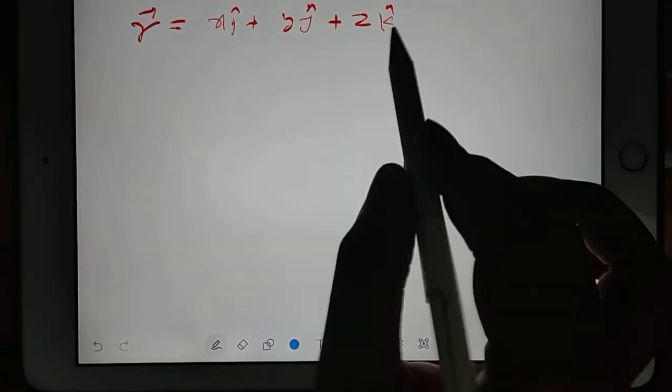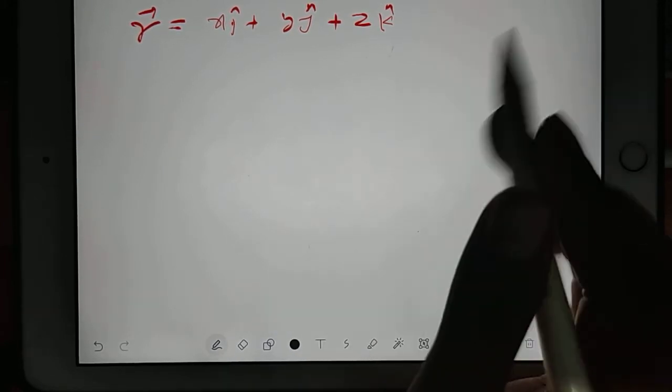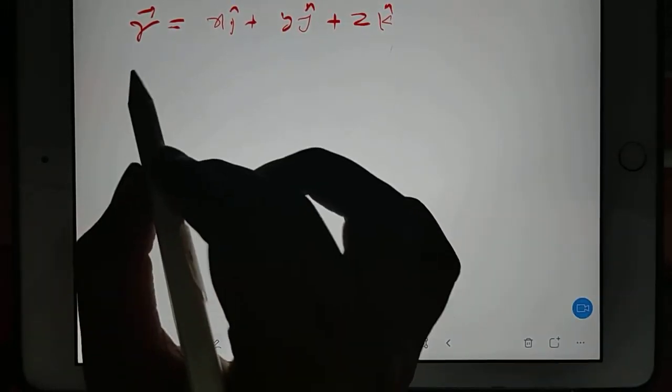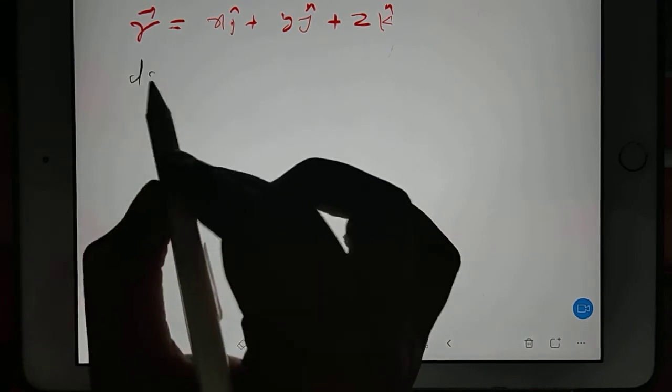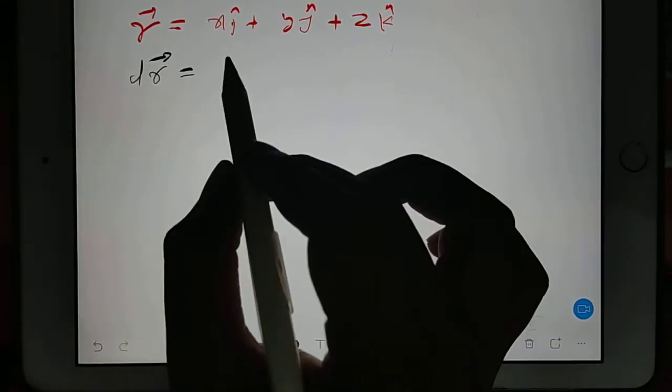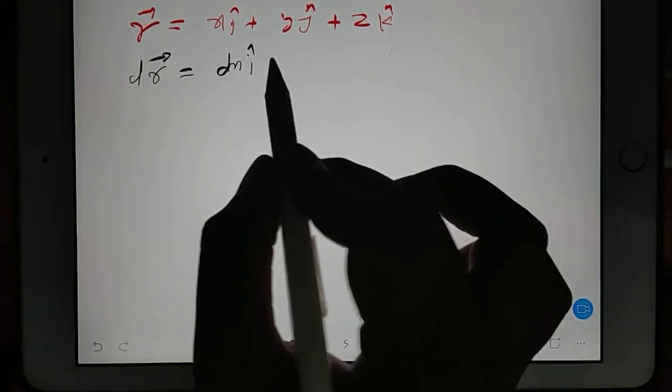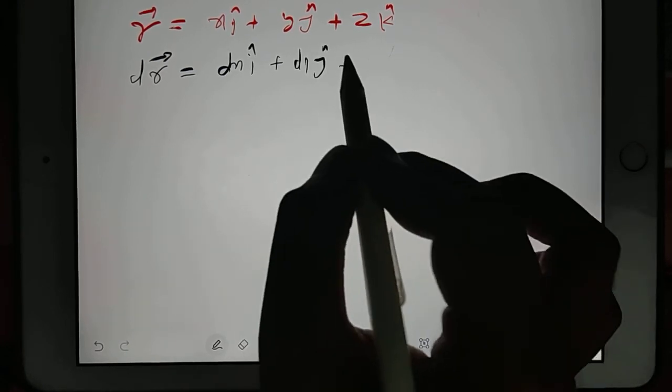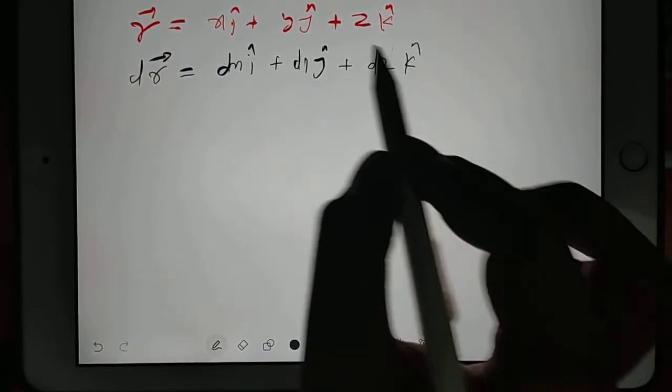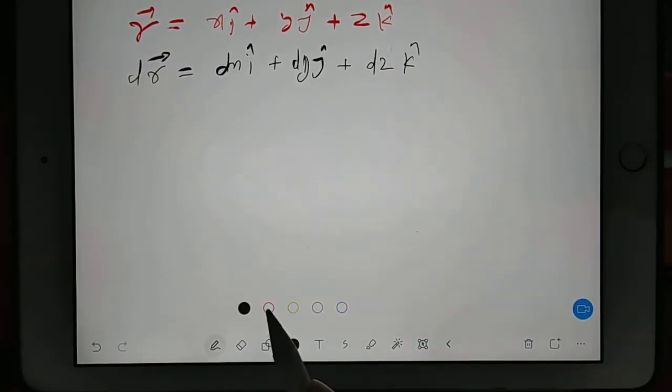This I have given many times, right? And whenever dr comes, this will come as dx i plus dy j plus dz k.